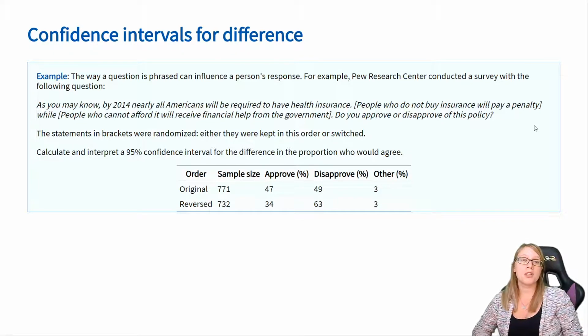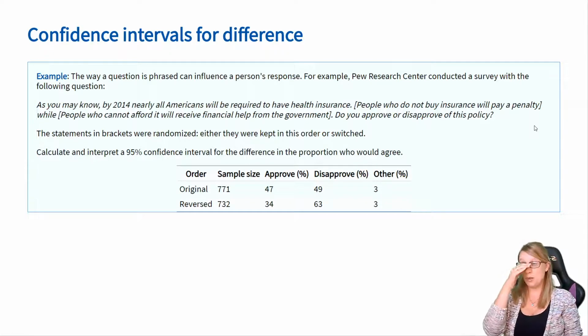Do you approve or disapprove of this policy? Now, half of the respondents were given the question as I just said it. The other half had the statements in brackets switched. So the positive statement, then the negative statement.